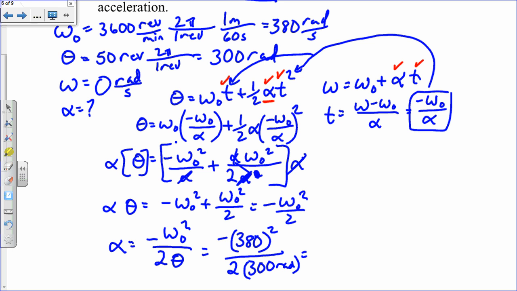That gives me negative 240 radians per second squared.